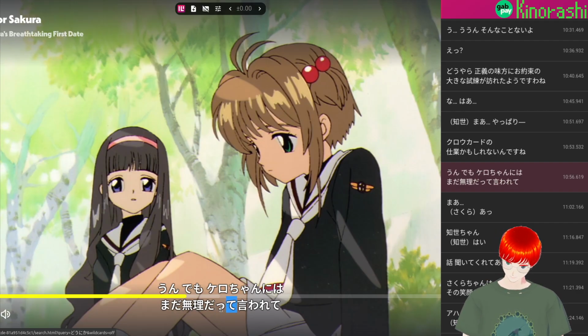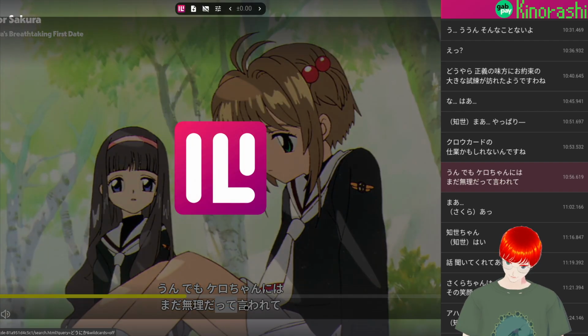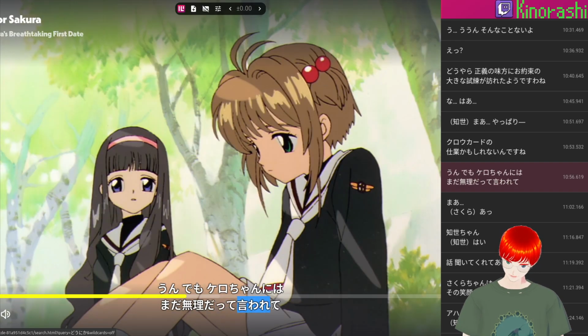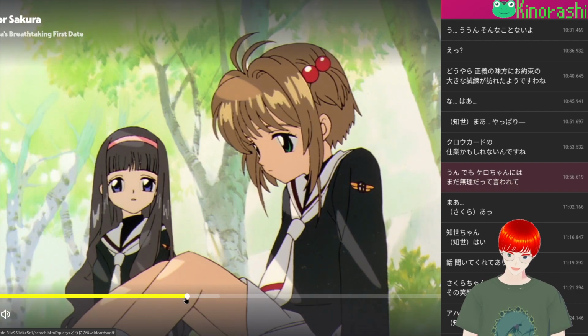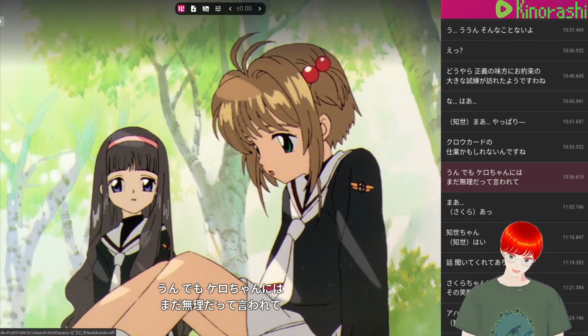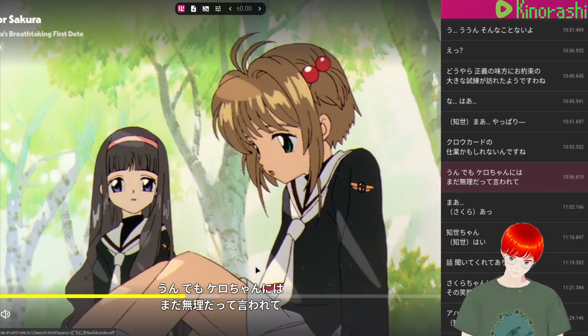Sometimes you don't have to have the iu part, but you can have it, and it's good that they have it, because she needs the word so that she can put it in receptive form. So to receive saying, hence Kero-chan told her it's impossible, because she received Kero-chan saying that. Okay. Demo Kero-chan ni wa mada muri datte iwarete.